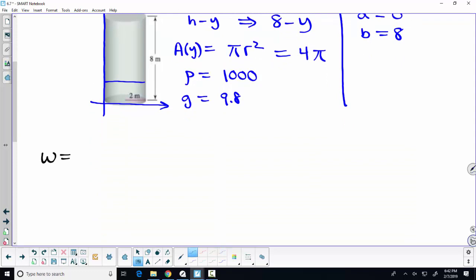So the work is the integral from 0 to 8 of area times height. Mass times density, sorry. And so that's it. That's the formula that calculates work in that situation.